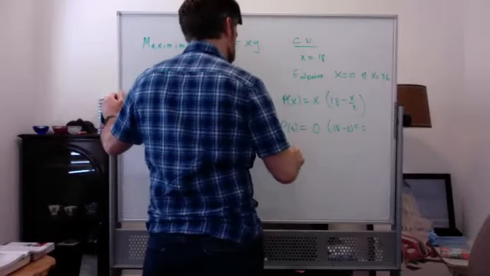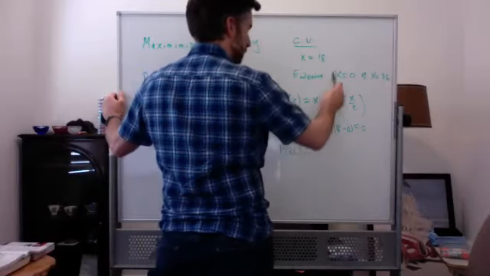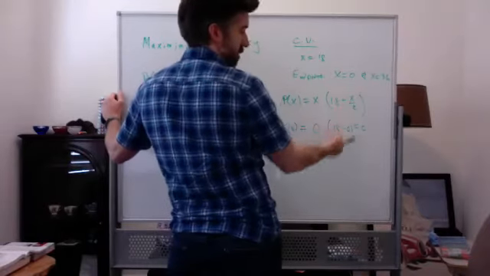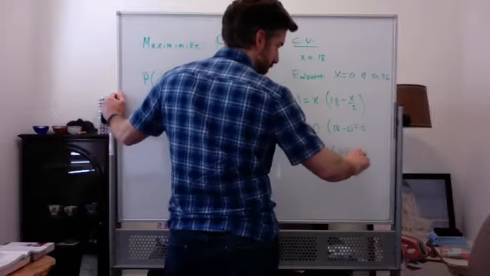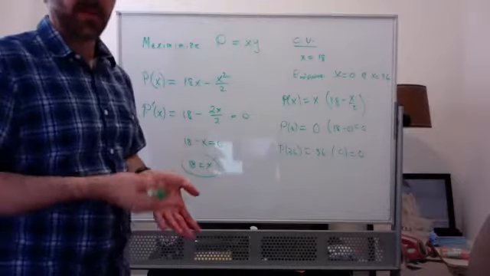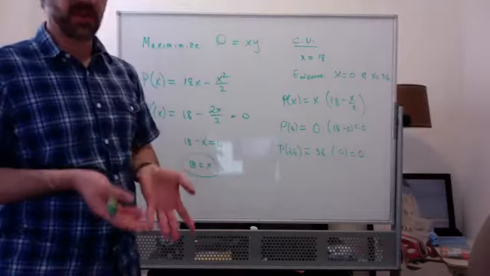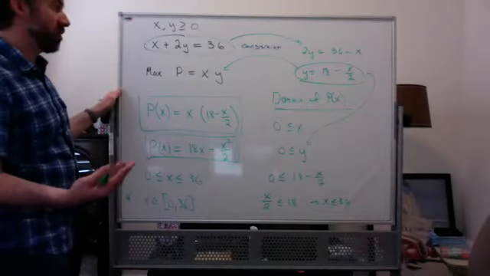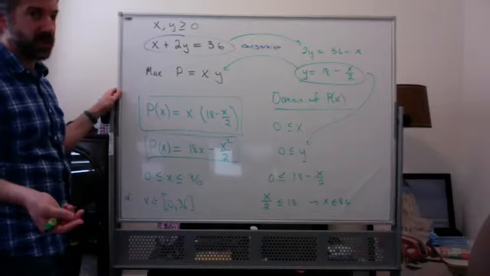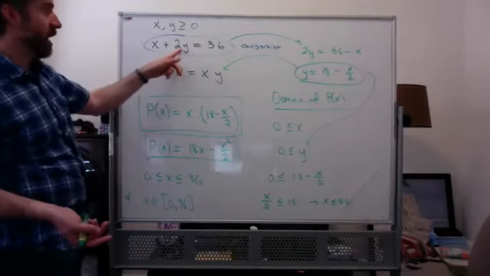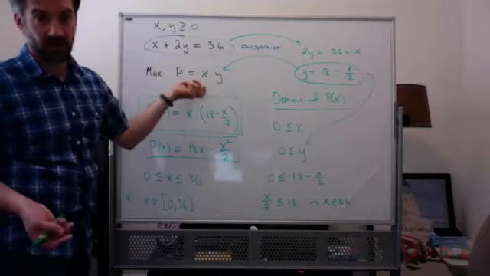If I plug in 36, I get 36 times 18 minus 36 over 2, which is 18 minus 18, so I get 0. And this happens a lot when you have the endpoints of the domain for something you're trying to optimize. They often give you 0, which makes sense, right? Obviously, if x is 0, the product is going to be 0. Also, not too terribly hard to see, if x is 36, then y has to be 0, so the product is going to be 0.